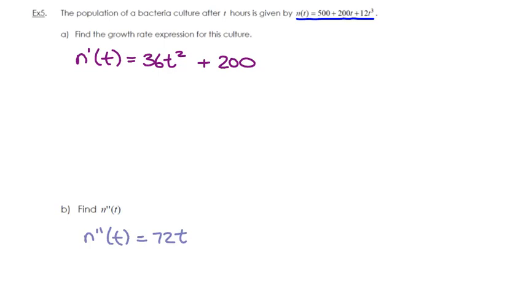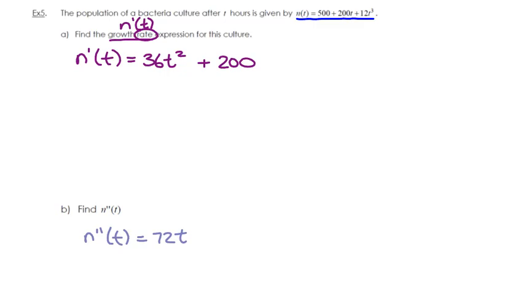Now, when you find the growth rate, so again, I'm going to use my purple. The growth rate means give me the derivative because the derivative, again, is a slope and rate is a slope. So you're trying to find the growth of the bacteria over a certain amount of time.